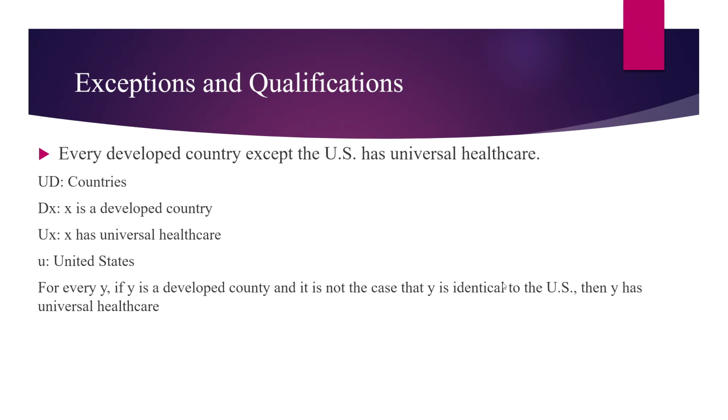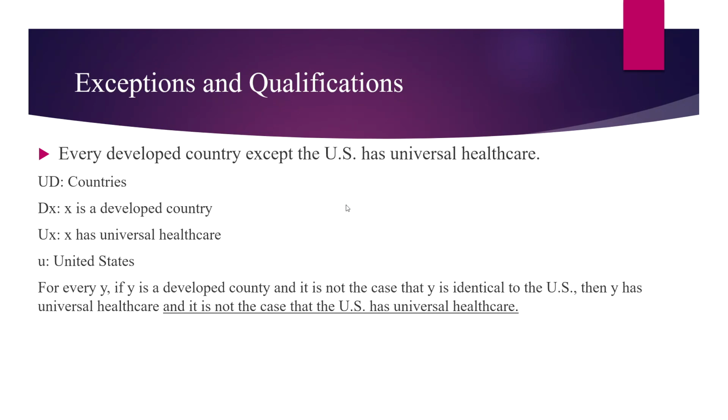But we're not quite done with capturing the meaning of this sentence. For every Y, if Y is a developed country and it's not the case that Y is identical to the US, then Y has universal health care. That says every country that's not the US has universal health care. But when we think about exceptions, every developed country except the US has universal health care, it also has the meaning that it's not the case that the US has universal health care.